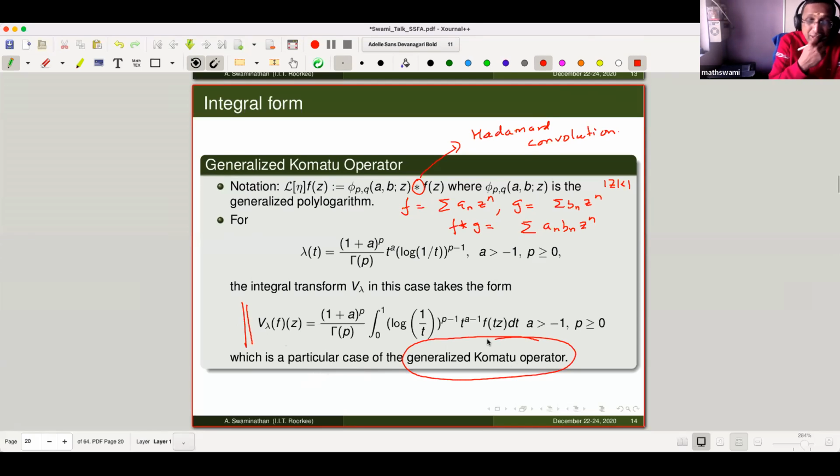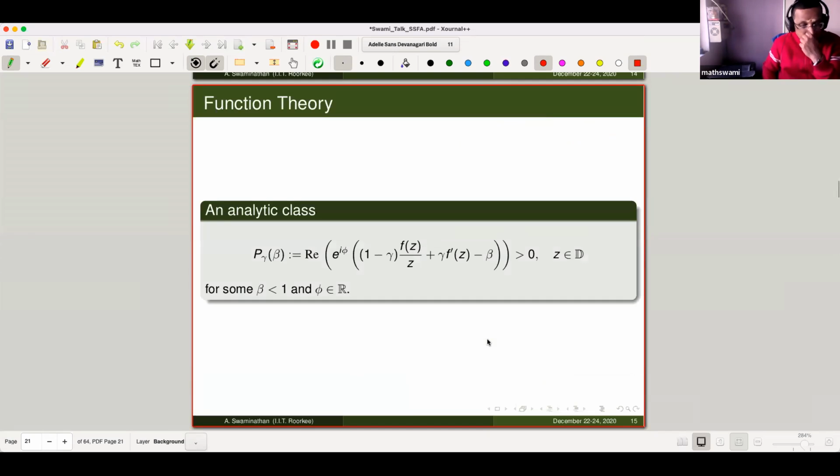This Komatsu operator has a lot of interesting properties. It makes a lot of geometrical representations. One of the important geometrical representations comes from this analytic class. Let us take a class of functions which are analytic. Here F is an analytic or holomorphic function in the complex plane.